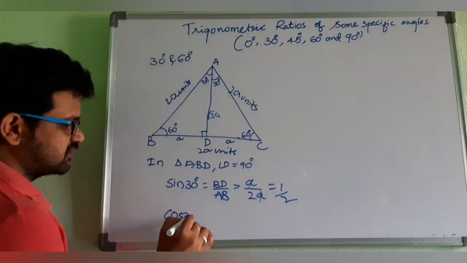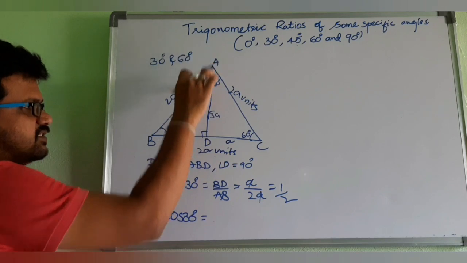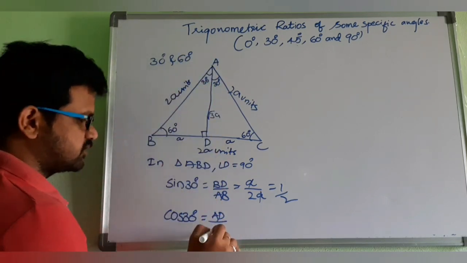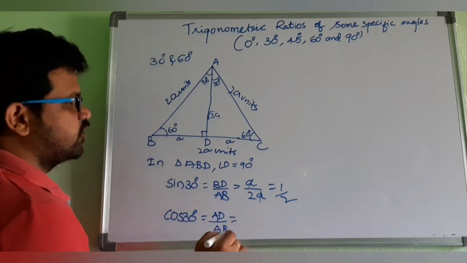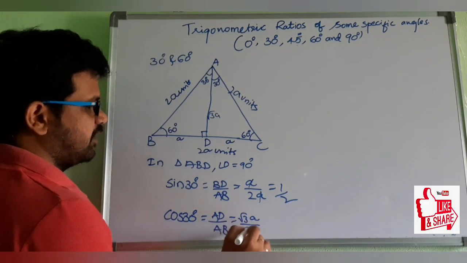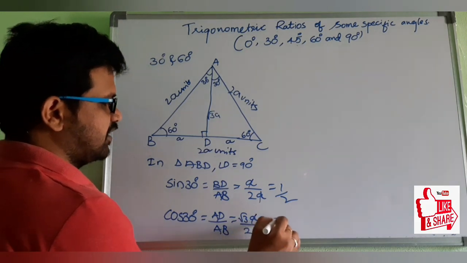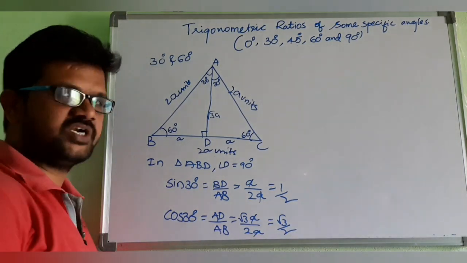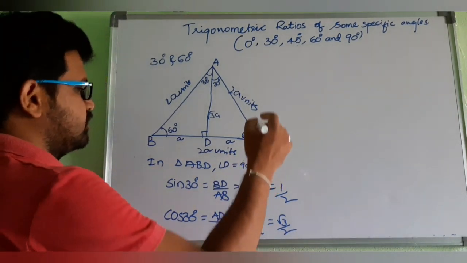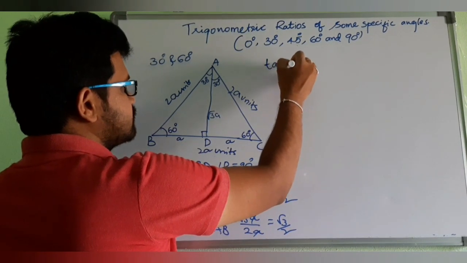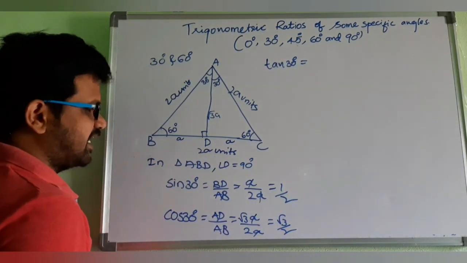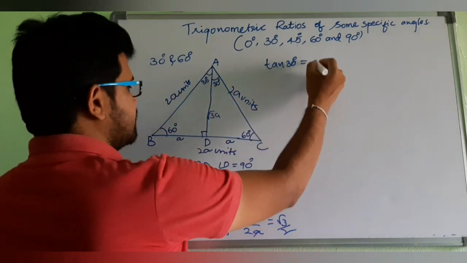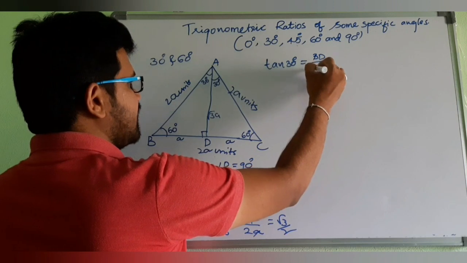And cos 30 degrees with respect to this angle. This is the adjacent side by hypotenuse, that is AB. So AD is how much? Root 3A by 2A. A cancel, that is root 3 by 2. Cos 30 degrees value is root 3 by 2. No need to learn these values by heart. So tan 30 degrees, opposite side by adjacent side, that is BD by AD.